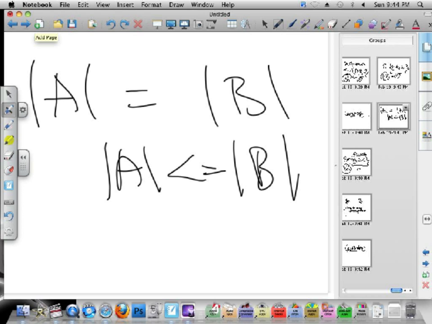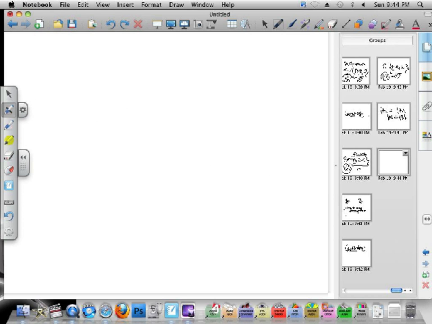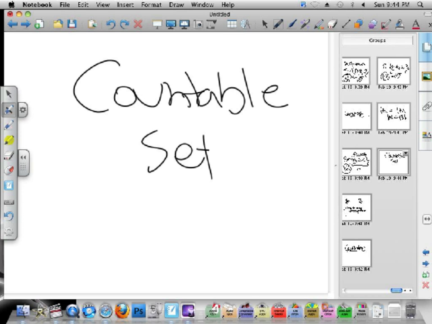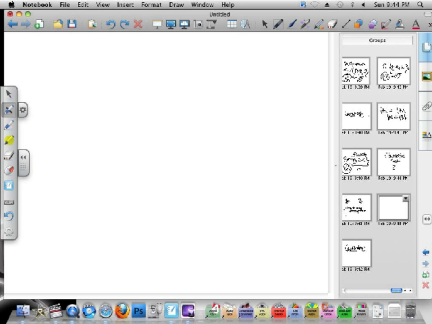So, next, let's go ahead and talk about countable sets. What exactly is a countable set? Well, a set that is either finite or has the same cardinality as the natural numbers is called countable. Now, if a set isn't countable, then it's called uncountable.